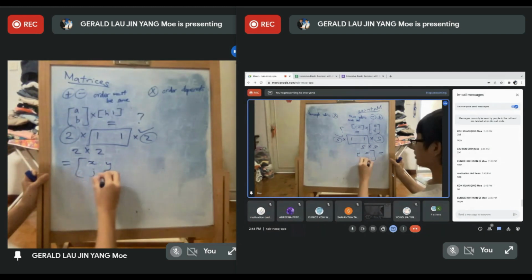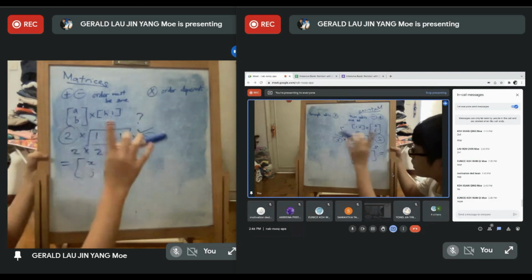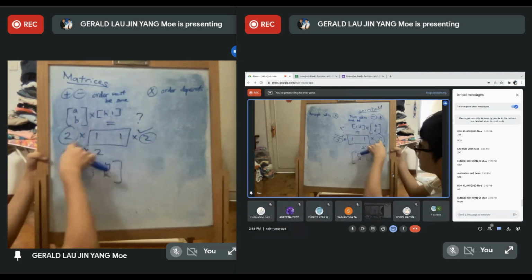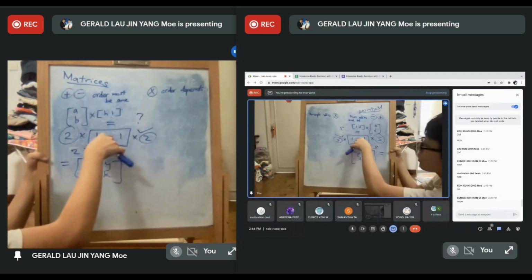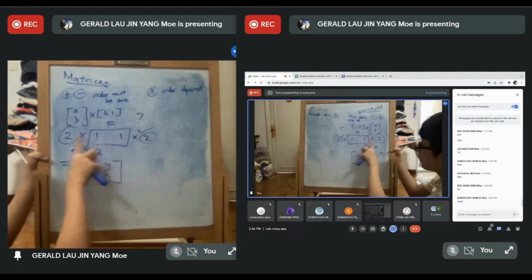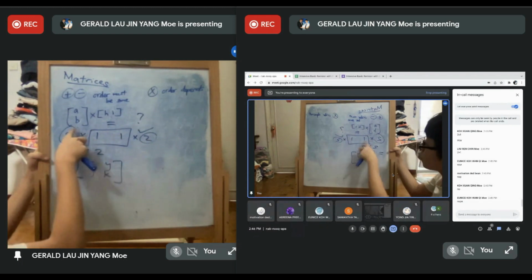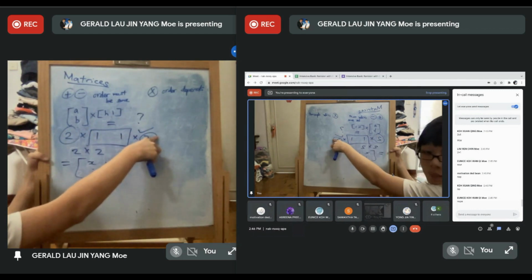X, Y, J, K. Understand or not? First, check the order of both matrices. Write down, look, can multiply? Same, can multiply. So your answer, the order will be 2 times 2. Here, the 2, and the other 2 is here. Can you understand?